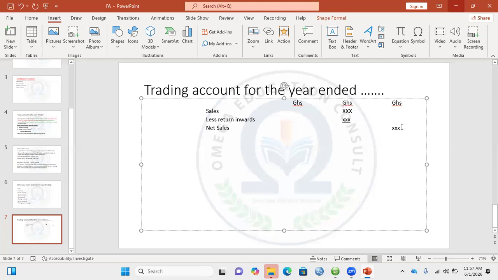No. It doesn't show that you understand what you are doing. So if there is no return inwards, you don't need to bring less return inwards. Straight away, your sales will go under the third column. So this is how you get the net sales. Please, is that clear?